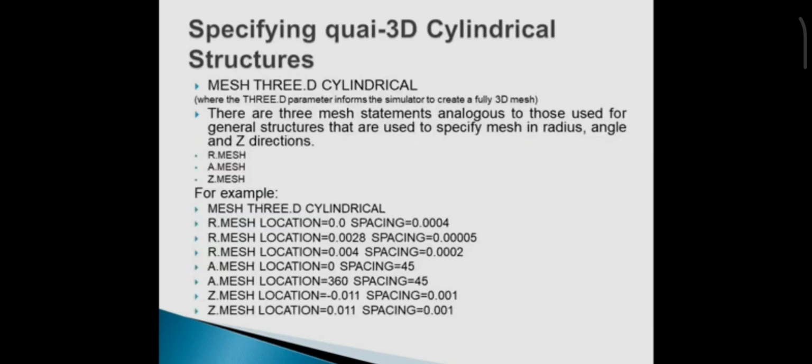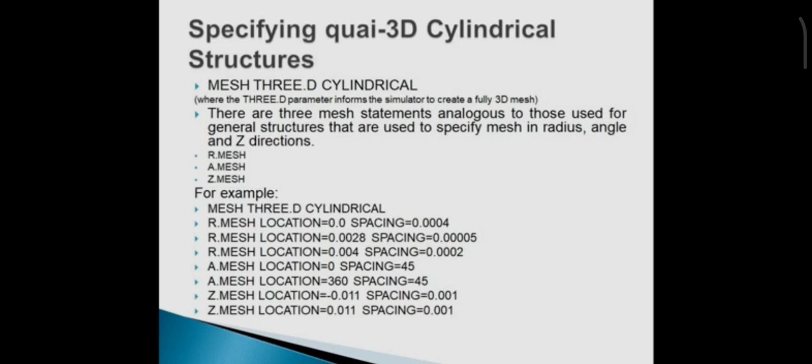As mentioned in the previous section, using the command language to define a structure, you can model a 3D cylindrical structure in Atlas 2D by specifying the cylindrical parameter on the mesh statement. In Atlas 3D, the cylindrical parameter enables you to create a general cylindrical structure.